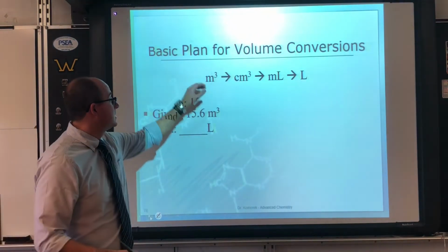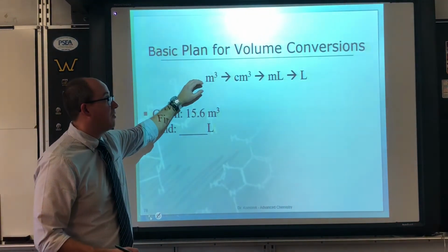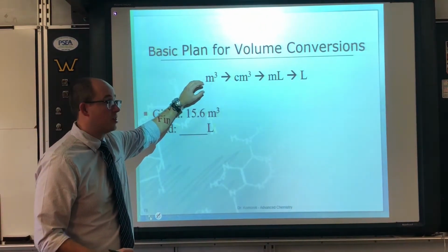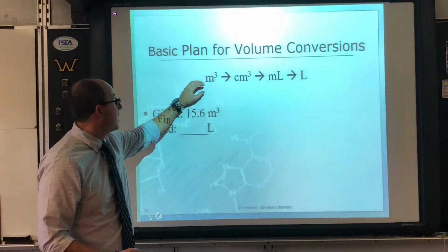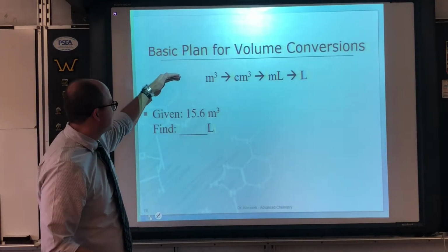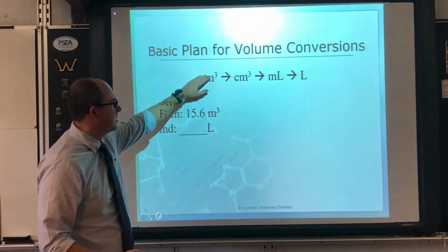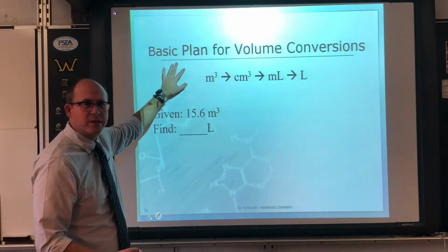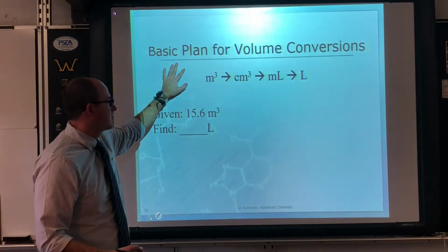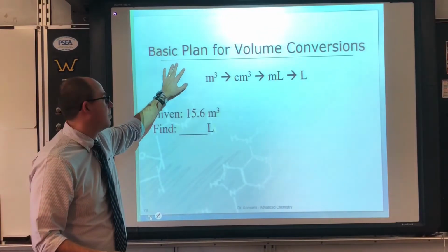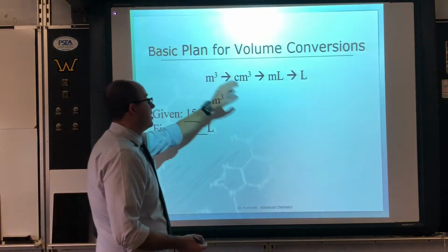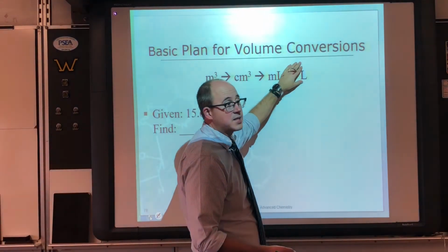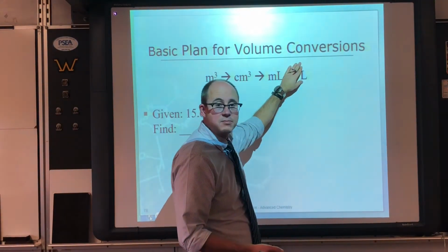Okay. This is a basic plan that's used to solve all of the volume conversion problems we'll be looking at. This plan can be modified. We can, on this side, convert from cubed units to other cubed units like cubic decimeters or even cubic kilometers if we wanted. On this side, liters can be converted to things like kiloliters, centiliters, milliliters.